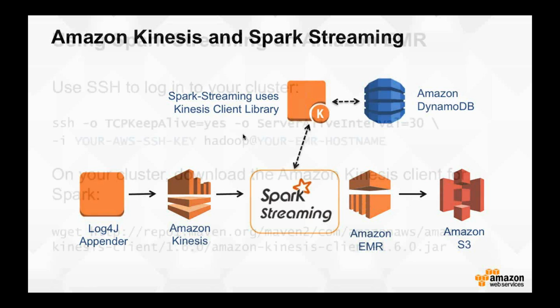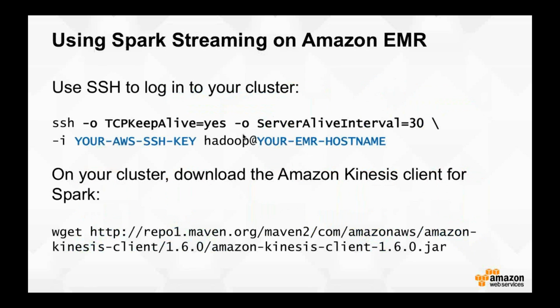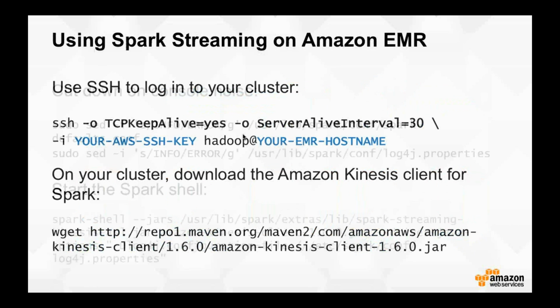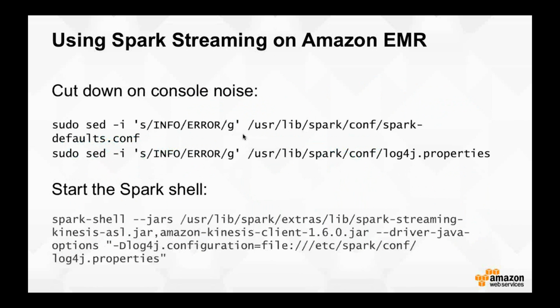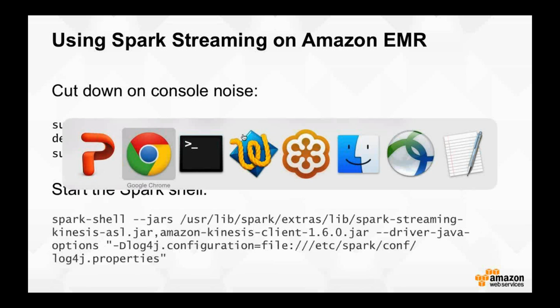Right. So we have now logged into the master node, and what we're going to do after that is download the Kinesis client library, and we're also going to fire a few commands, and we'll get into the Spark shell. Okay, so let's go back to the cluster.